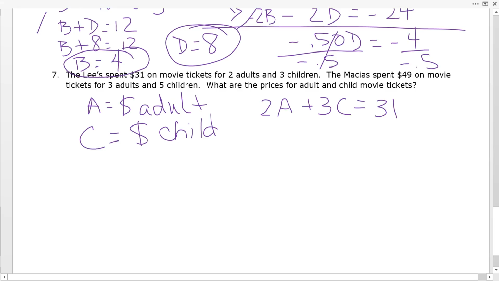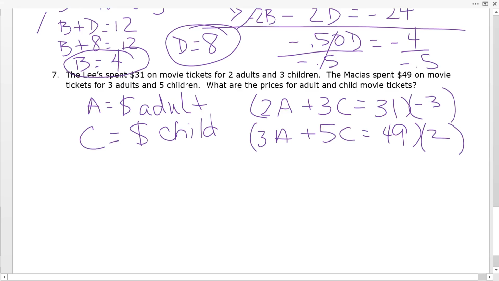And the Macias have 3 adult tickets plus 5 children's tickets equals 49. I'm going to end up having to multiply both of them. So I'm looking at my a's. I'm going to multiply the first one times negative 3 and the second one times 2.